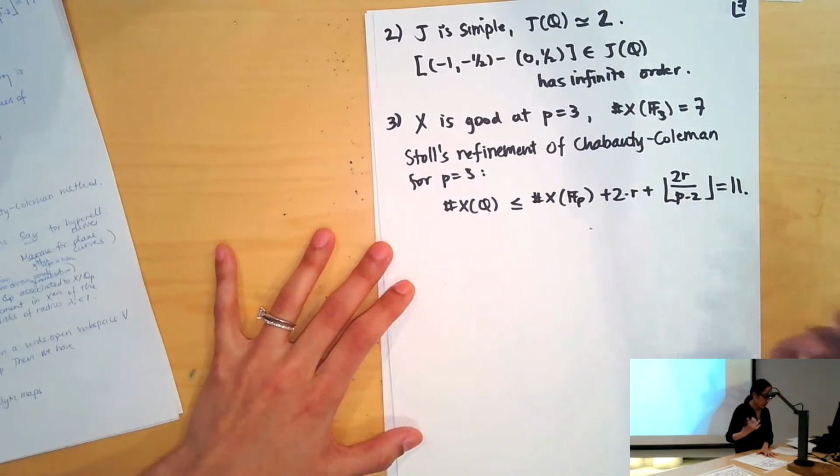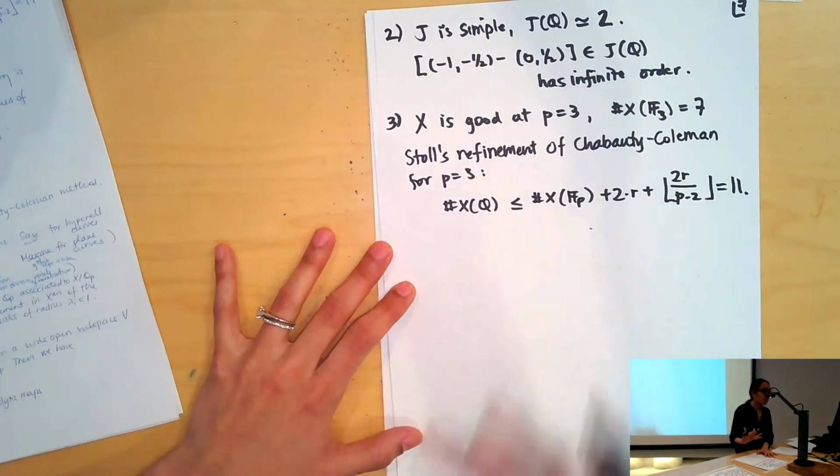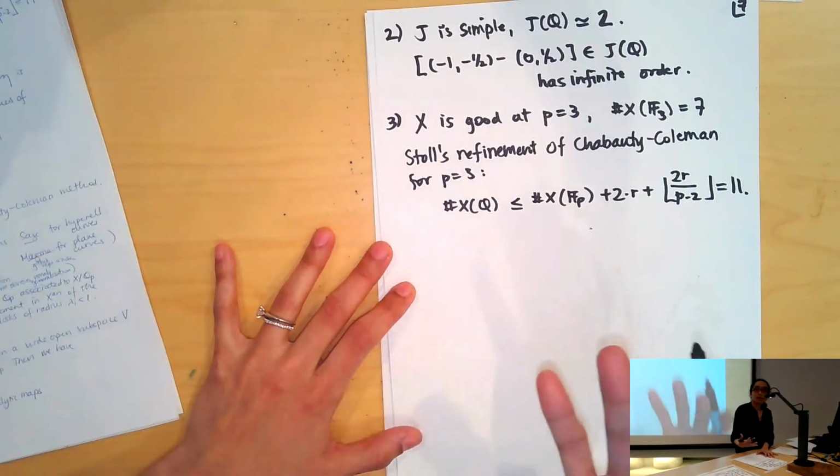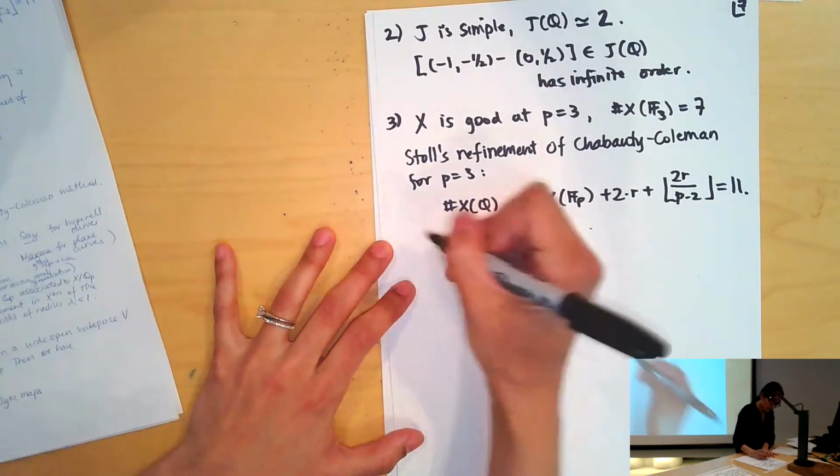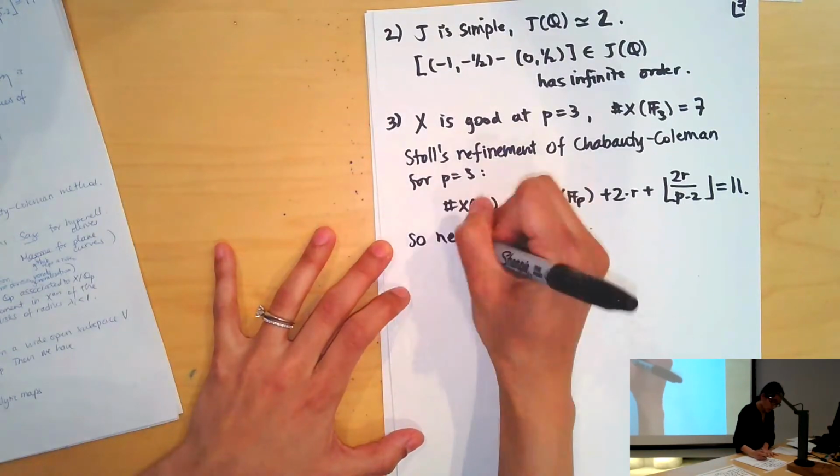As David mentioned, now we need to do something a little bit more refined and actually look at some p-adic power series, study their Newton polygons, and see what we can say about the number of zeros that they have. So we need to do more work.